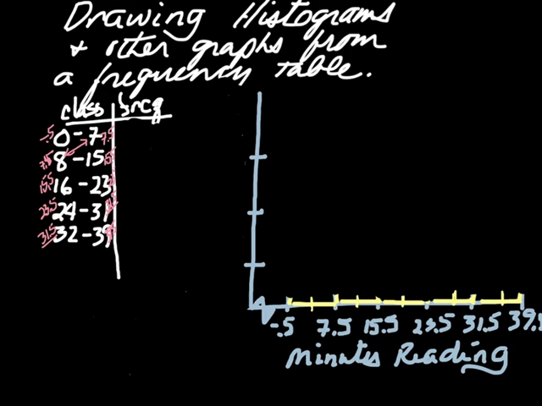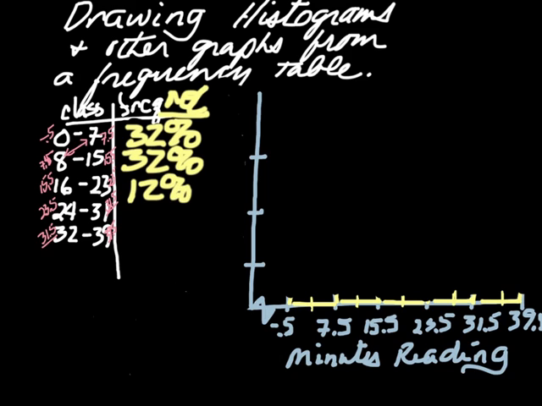Okay, so look, we got the same graph, so let's do a relative frequency. And if you remember, we had 25 newspaper readers, and 8 out of 25 was 32%, and 3 out of 25 was 12%.